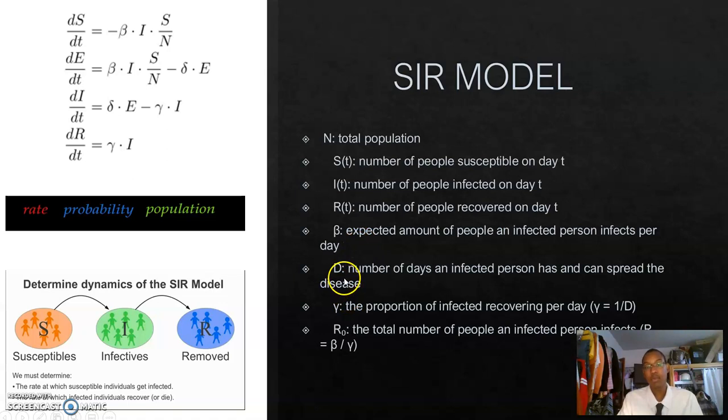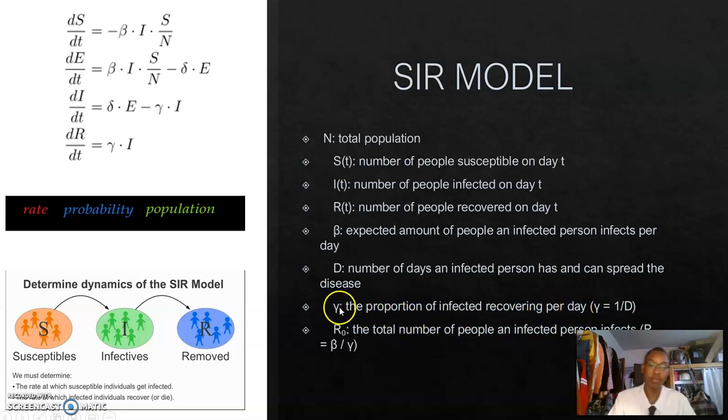And then you have the number of days you want to see how long the virus was able to spread during a set period of time, and that would be standard by delta, which I have here represented as a capital D. And then down here, there is the proportion of infected people that are recovering per day.